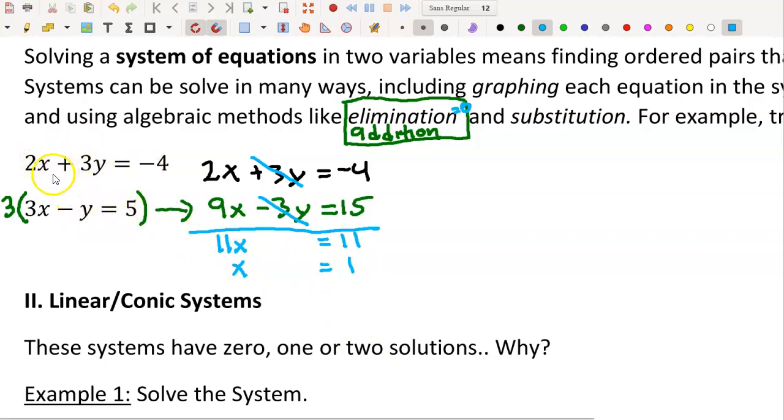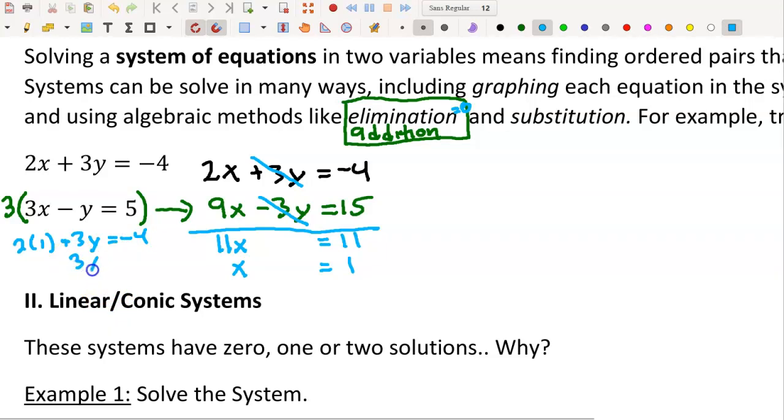So you can plug in the top, 2 times 1 plus 3y equals negative 4, solve that. Or plug it in the bottom. Use the original one, not the one that you multiplied by. So you wouldn't use the 9x one, but you could use 3x minus y equals 5, so I'll use the top one. So we got 2 times 1 plus 3y equals negative 4.